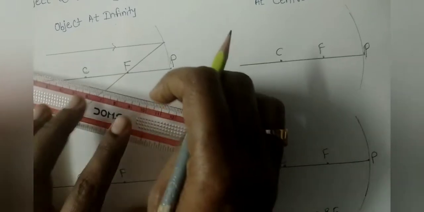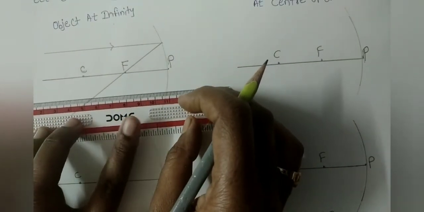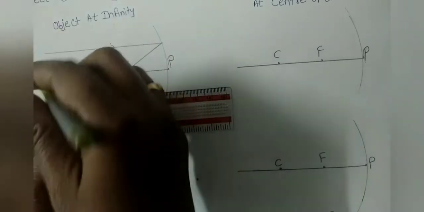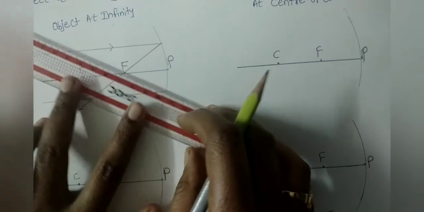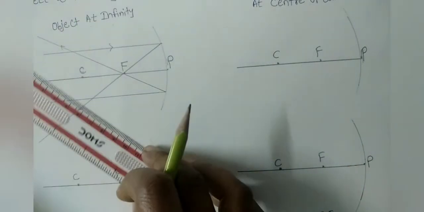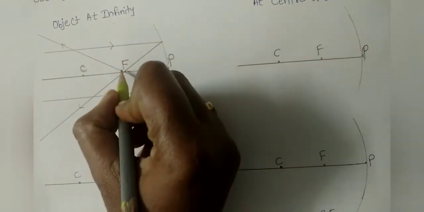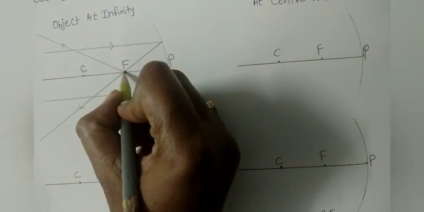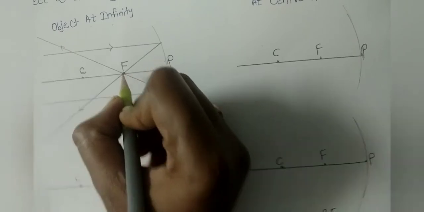We will draw one more ray which is parallel to the principal axis, and after reflection it will pass from the focus. So here we can see these two rays intersect with each other at the focus.